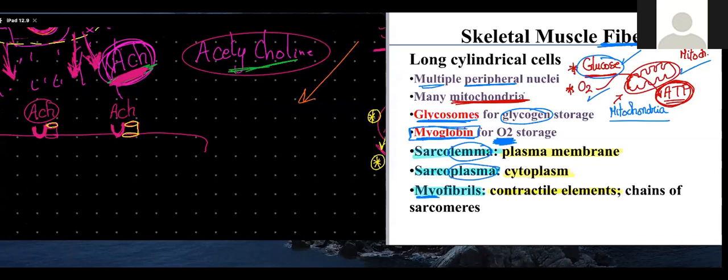Those channels will allow sodium to travel to the inside of the cell. And if you remember, a sodium ion is positively charged. What happens when I open the channel for the sodium?